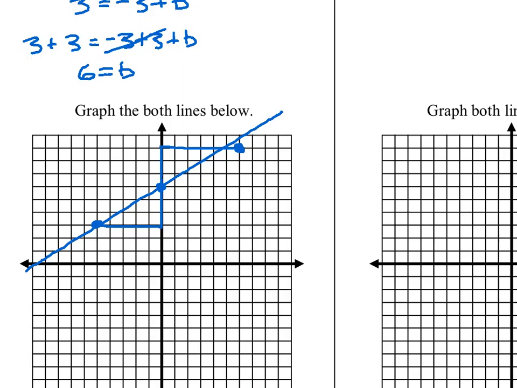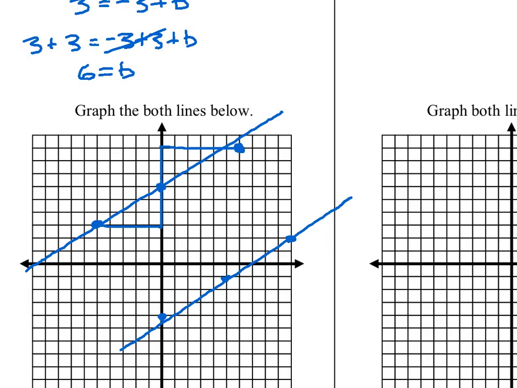That line's going to have to stick. Starting up to 6, going up 3, over 5. And sure enough, our lines look like they are indeed parallel, which is what we were shooting for.